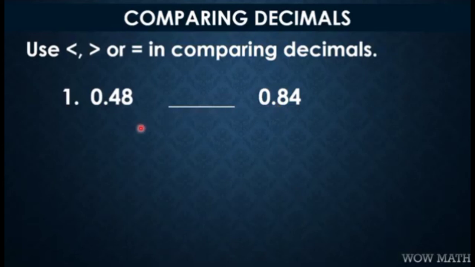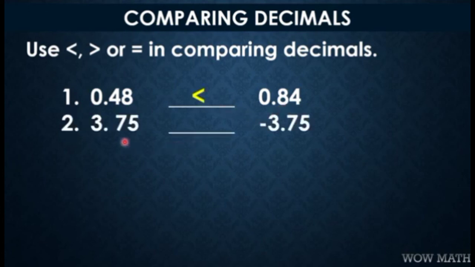So, ang gagawin natin dyan, punta ka na muna dun sa kanilang ones value. So, ito yung ones, tens, hundreds. So, compare mo muna yung ones. They are both 0. So, proceed ka doon. So, susunod yung tens. This is 4, this is 8. So, therefore, mas mataas si 0.84.